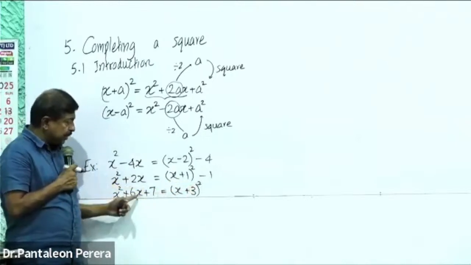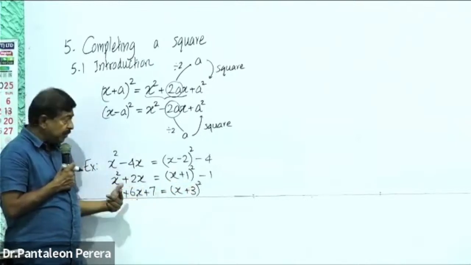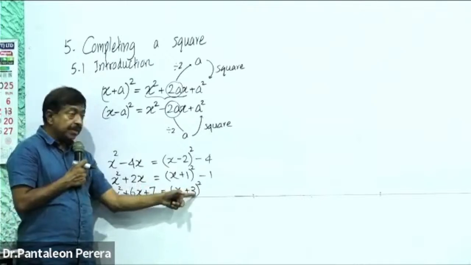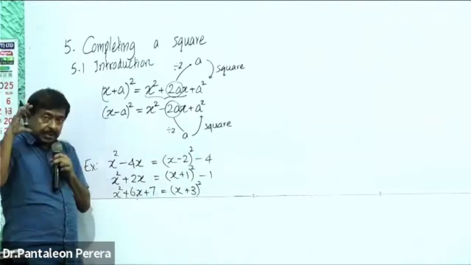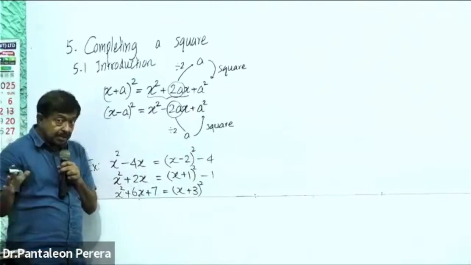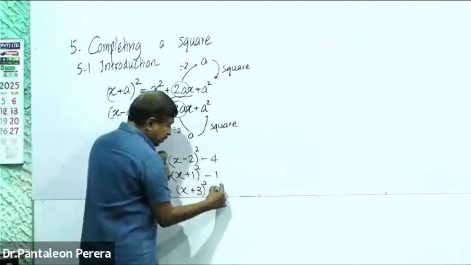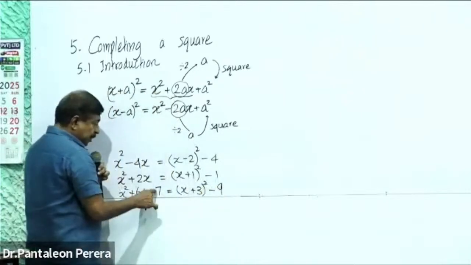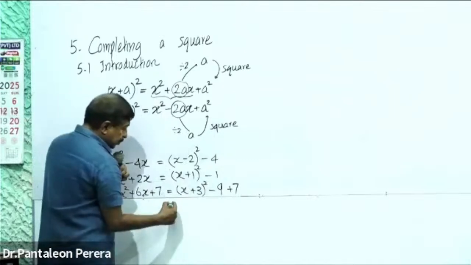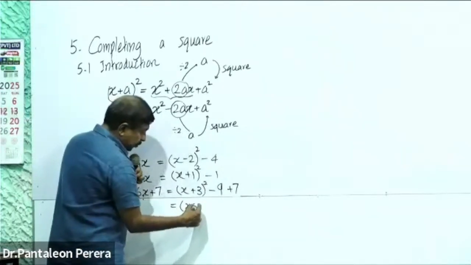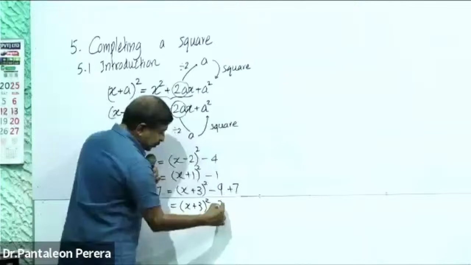Then you have the term in the middle, which is 6x. However, here you have 7, here you have 9, 3 squared, this guy. Now, 3 squared was not there earlier. So you have to subtract that. That is 9. But you have to introduce this 7. 7 was there earlier. So this will be (x + 3) squared minus 2.